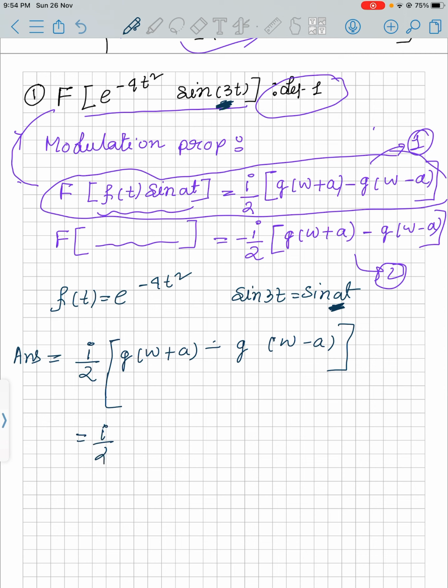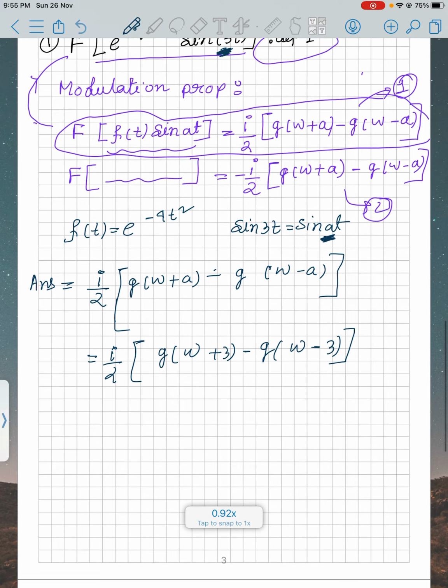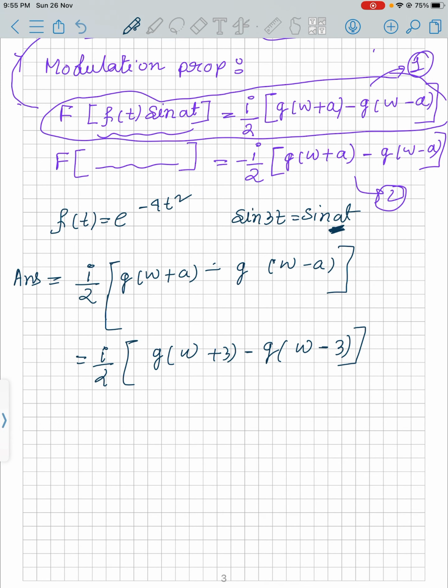So i by 2 [g(omega plus 3) minus g(omega minus 3)]. So now what will be g(omega)? Now you can see the table.